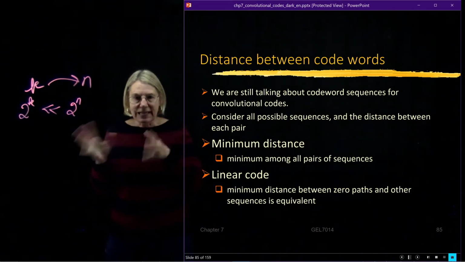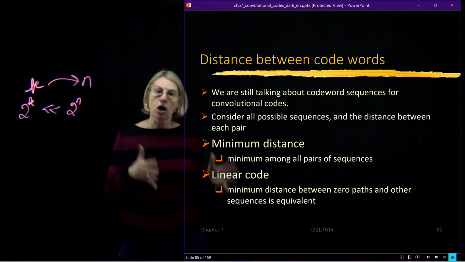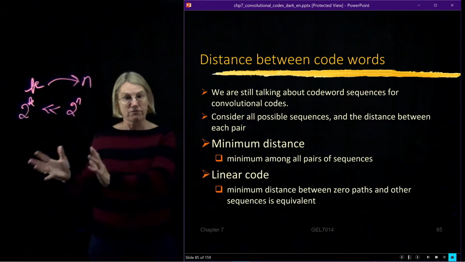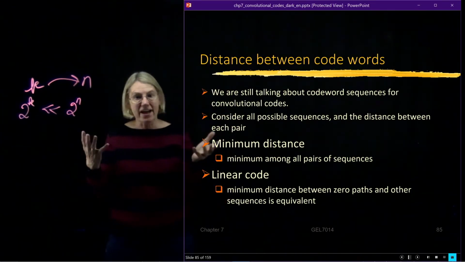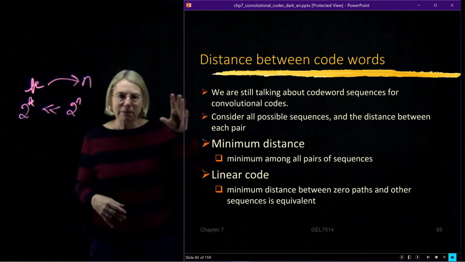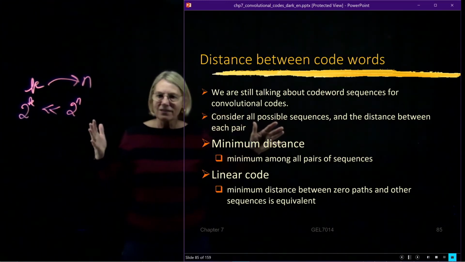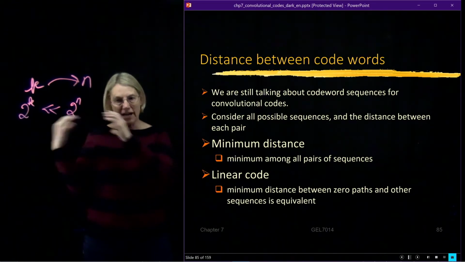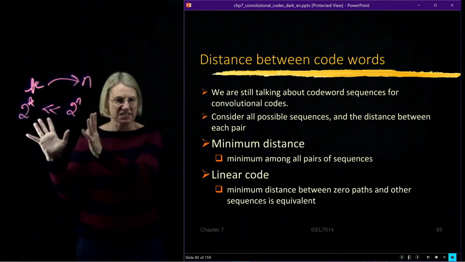So I said at the beginning that there were two kinds of codes: block codes and convolutional codes. Block codes are a little more straightforward. This whole thing I said about 2^n dimensional space, is it really that? But now when I'm talking about convolutional codes, it's really sequences that are a code word. For block codes, k becomes n, it's a set of code words, that's it.